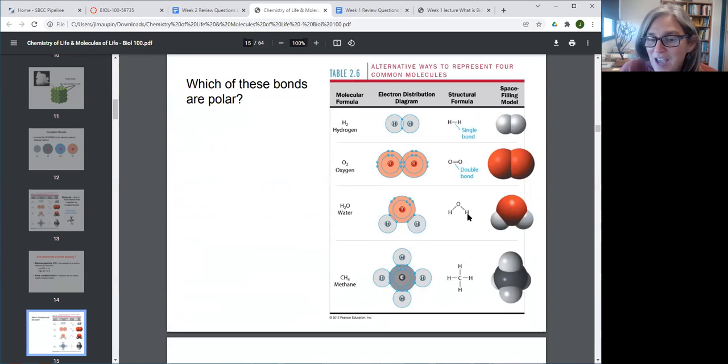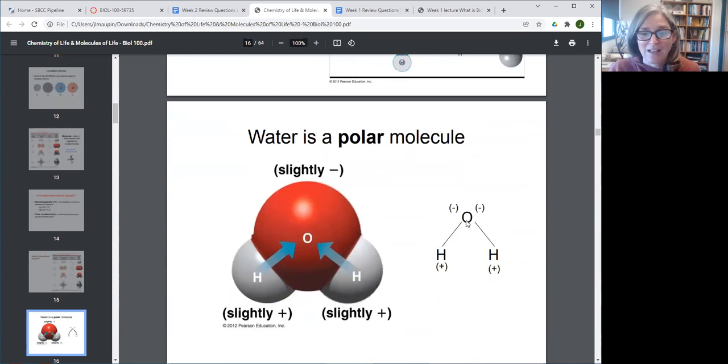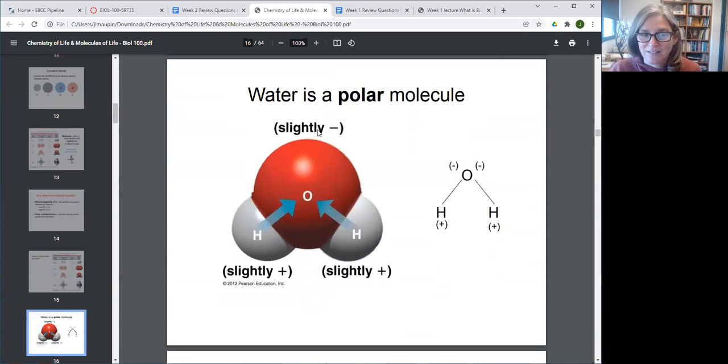And that means these hydrogens end up having a partial positive charge. And that is polarity. Water is slightly negative at the oxygen end and slightly positive at the hydrogens, because of the different electronegativity between oxygen and hydrogen.